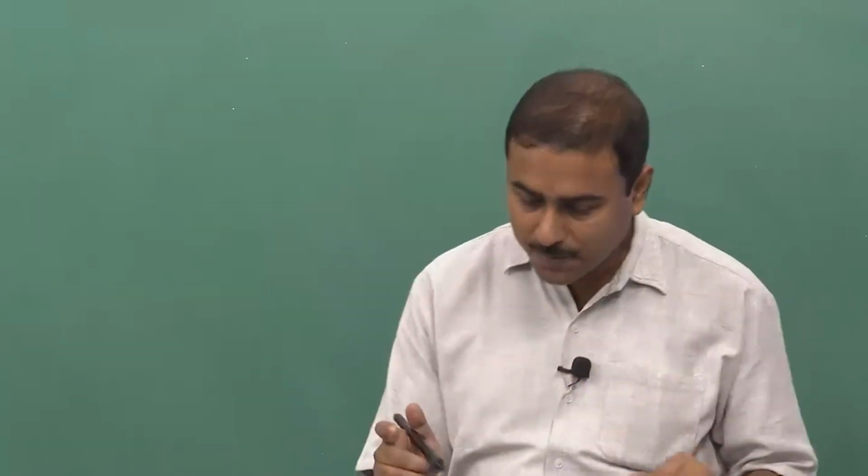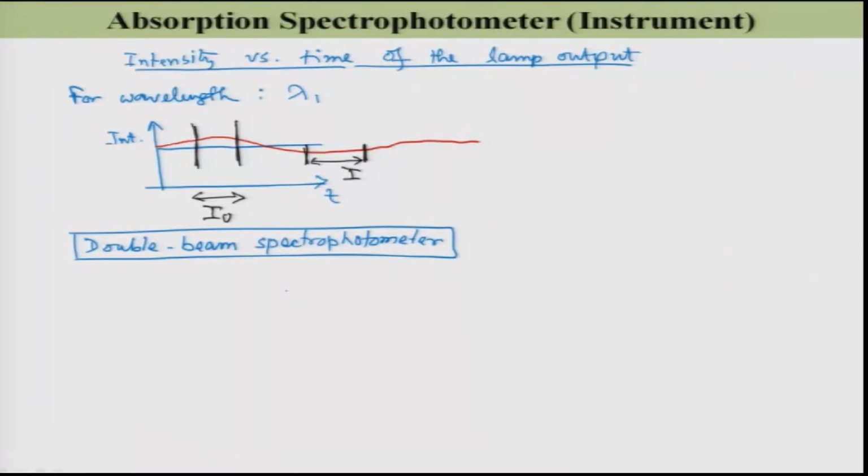So, simply what I will do is something like this. Let us say this is my spectral lamp, and this emits light, and the desired wavelength is selected by this monochromator, right.